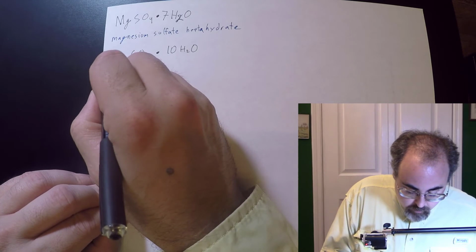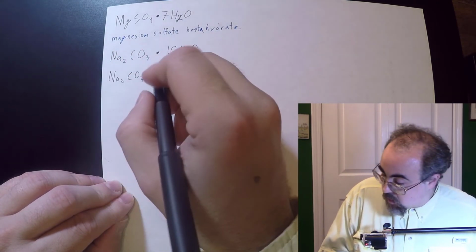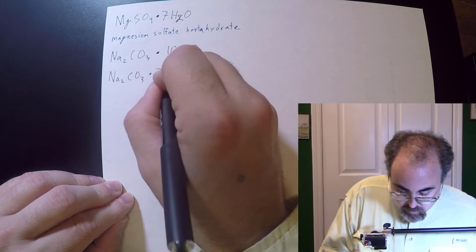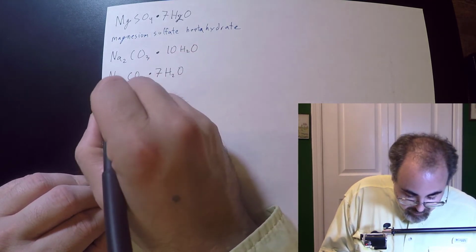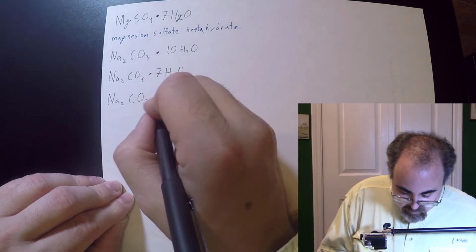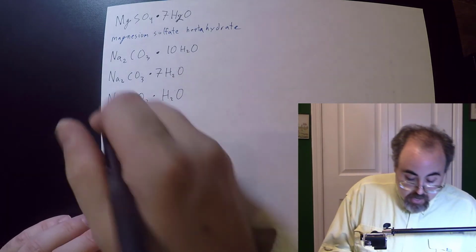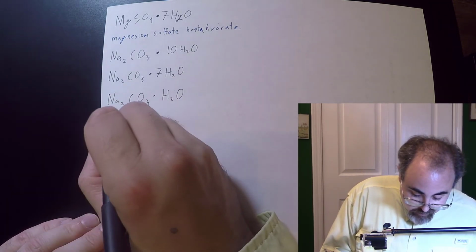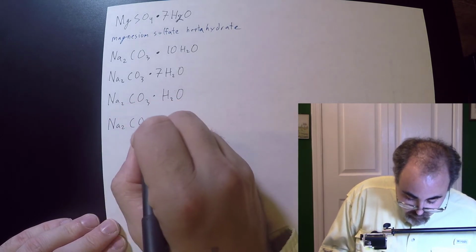I can do this with 7 waters. I can do this with just one water. We don't typically put a 1 there. And for all of these guys, you can also have them without waters.